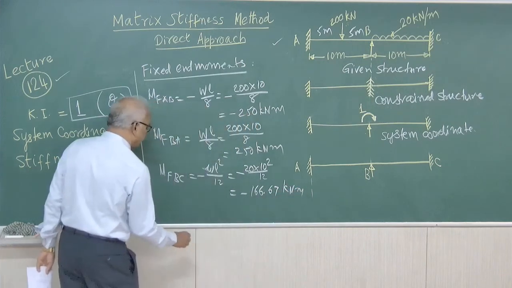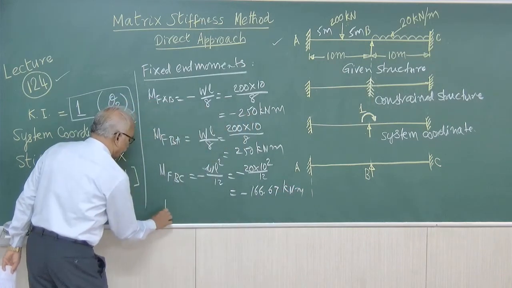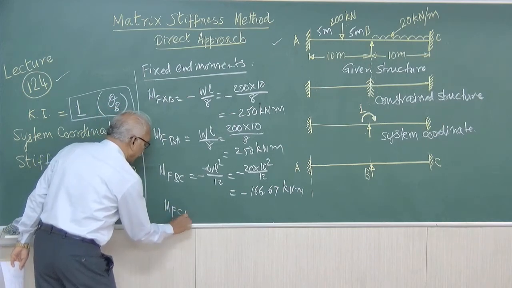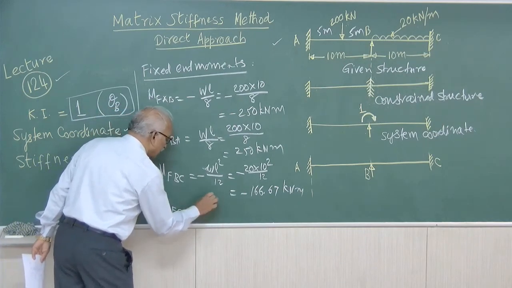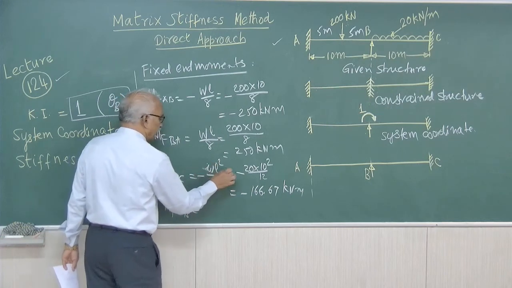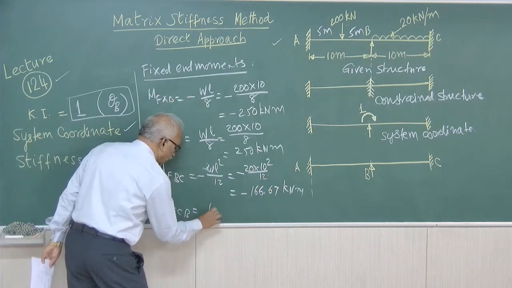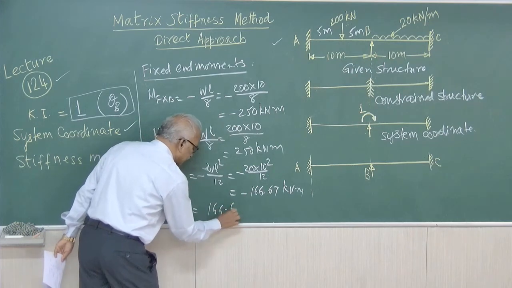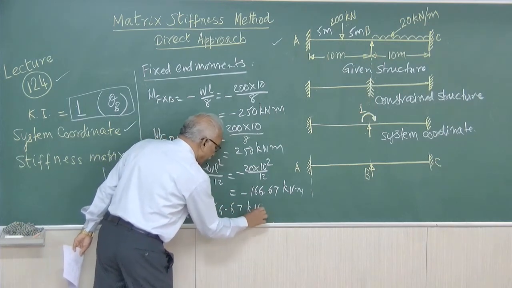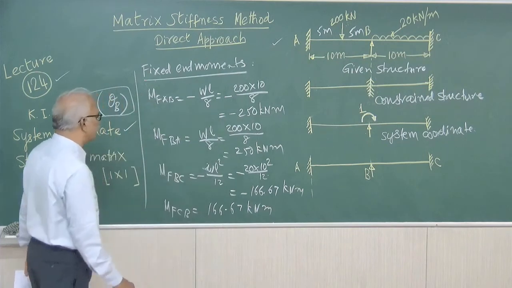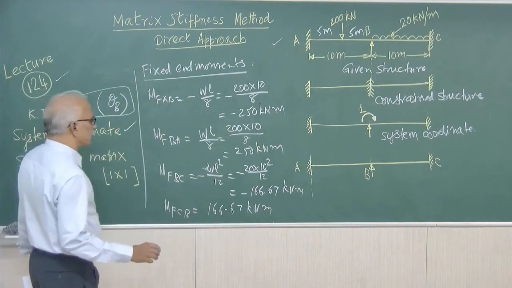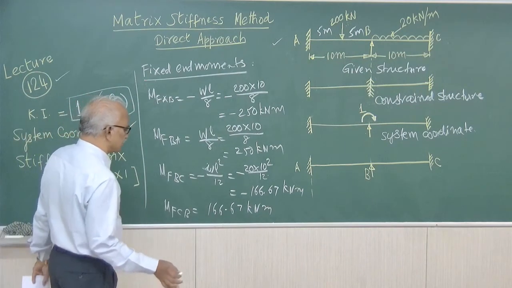These are elementary things. MF CB equal to plus WL square by 12, equal to plus 20 into 10 square by 12, equal to plus 166.67. That is about the fixed end moments.